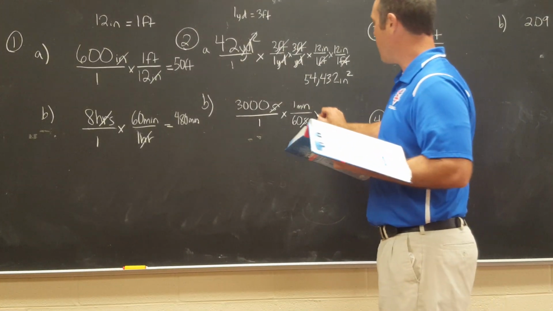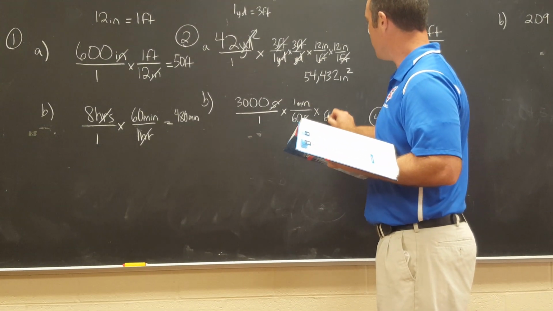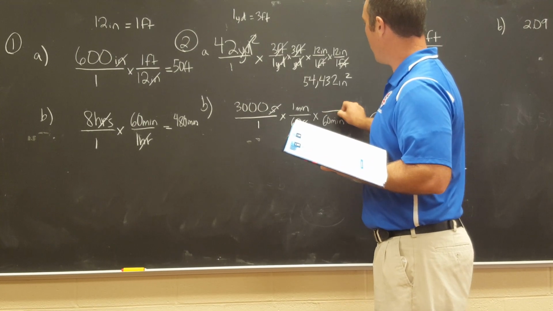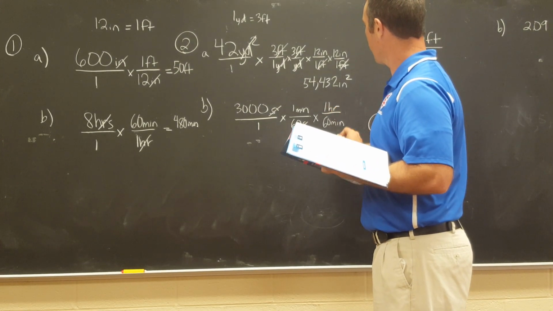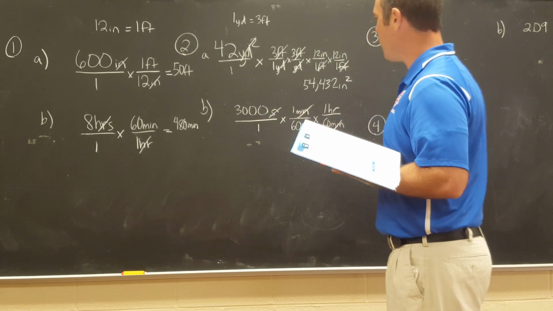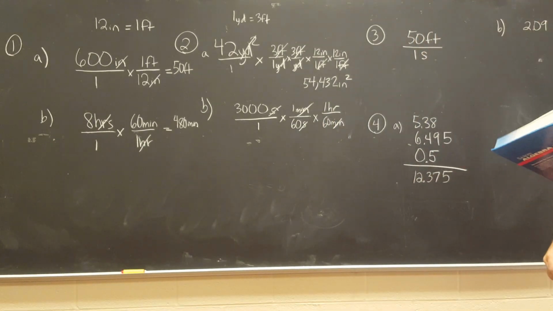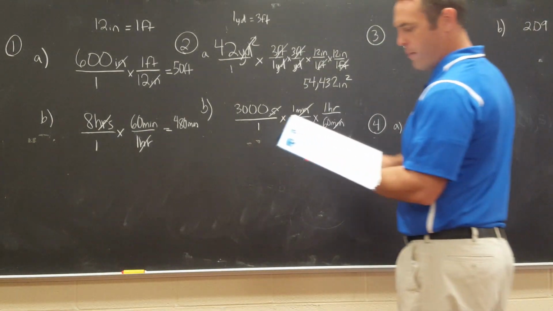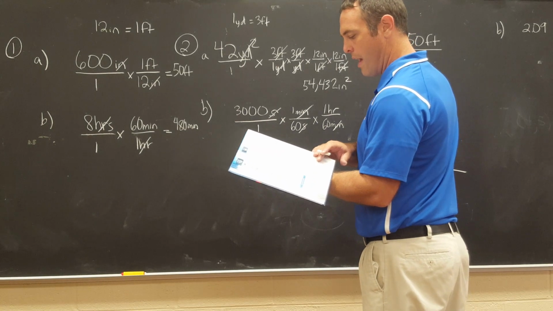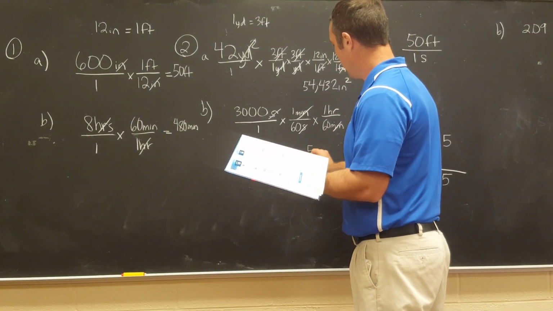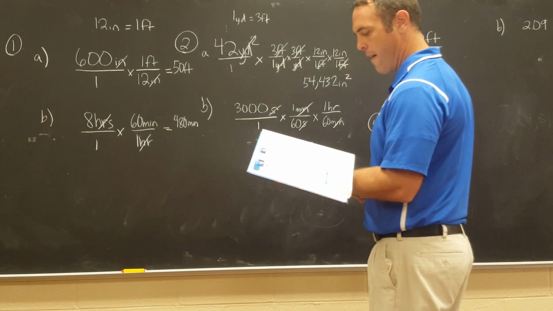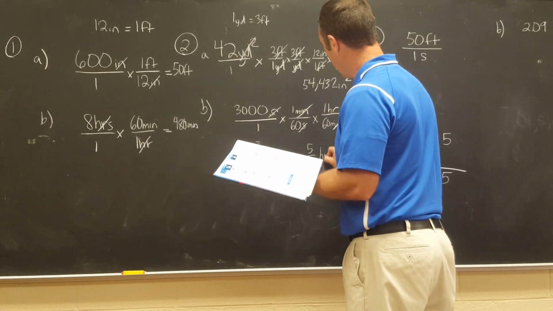One more step: we want to go to hours, 60 minutes in 1 hour. Minutes cancel out. Multiply everything in the numerator, we get 3,000. In the denominator, we get 3,600. We divide that as a fraction. A decimal would be okay. We get 5/6 hours.